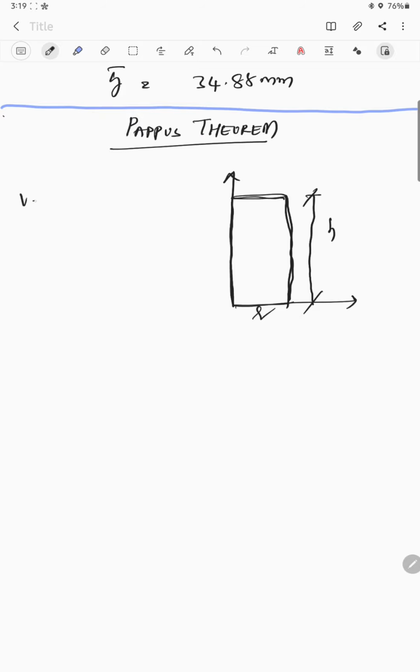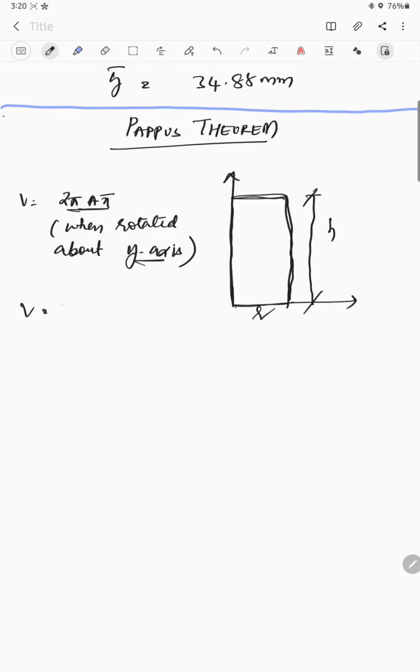The volume will be given by 2 pi a x bar when rotated about the y axis.